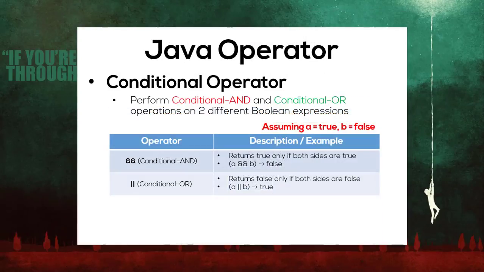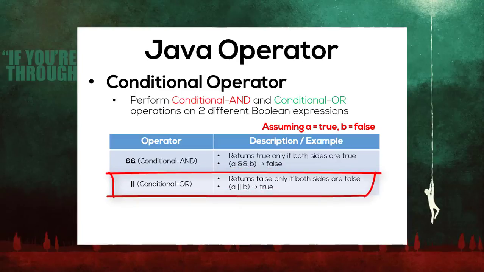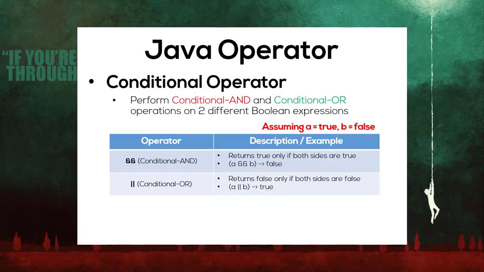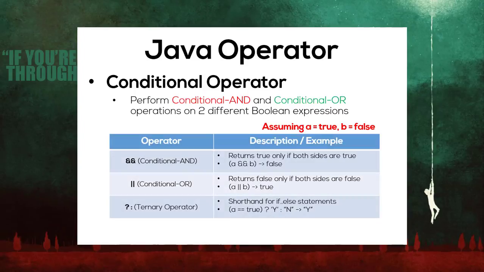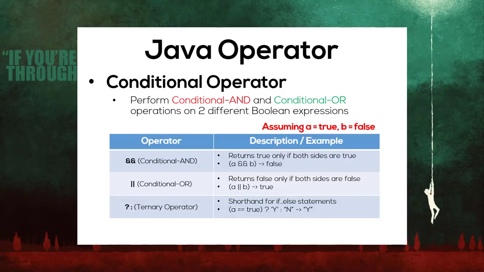The conditional operators basically allow us to perform conditional AND and conditional OR operations on two different boolean expressions. Other than these two operators, we also have another conditional operator, which is what we call the ternary operator, also known as the shorthand for the if-then-else statement. Don't worry about this for now if you don't understand, as we are going to cover more about the conditional topics in a later episode.